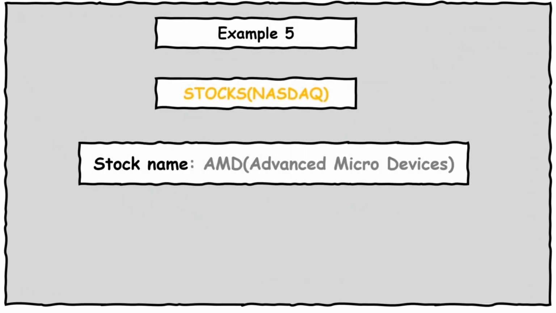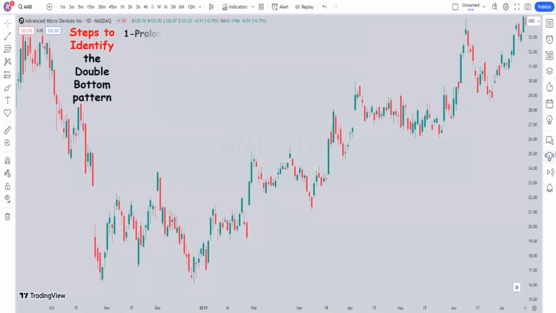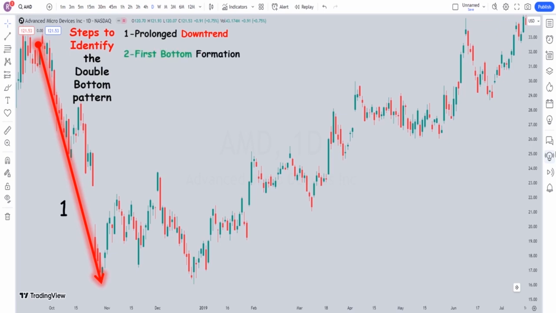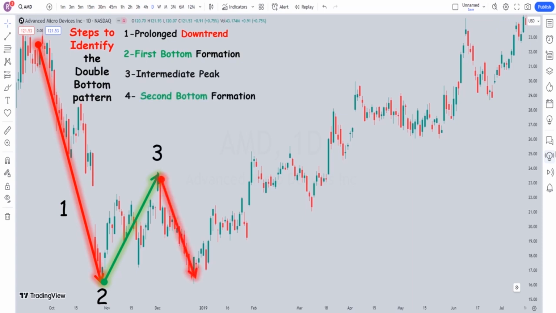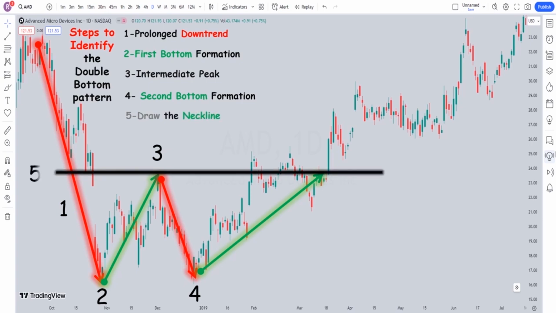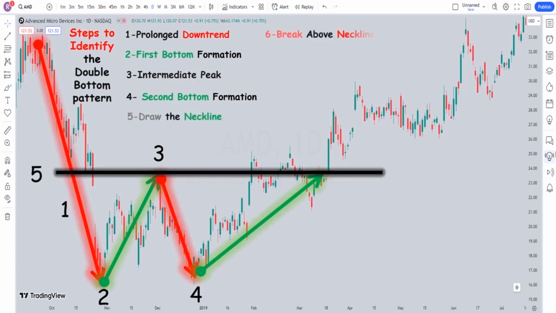5, stock name AMD, Advanced Micro Devices. Identify a double bottom pattern. 1, prolonged downtrend. 2, first bottom formation. 3, intermediate peak. 4, second bottom formation. 5, draw the neckline. 6, break above neckline.